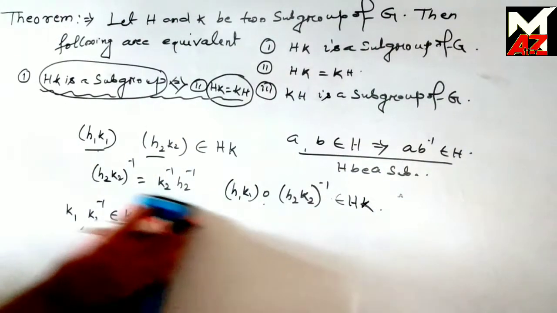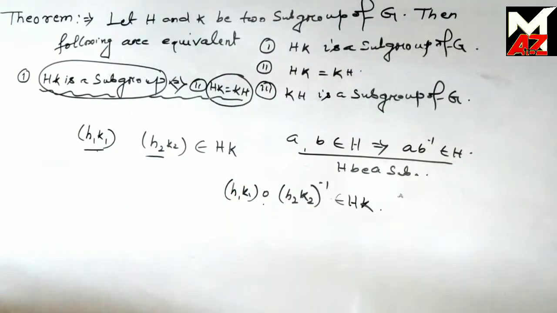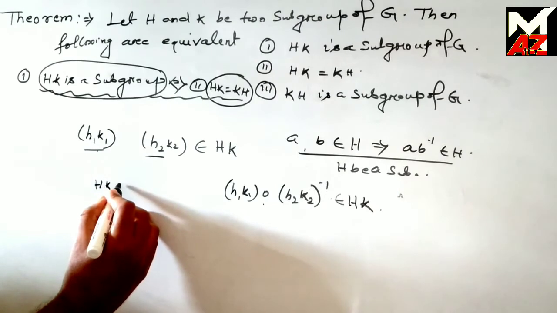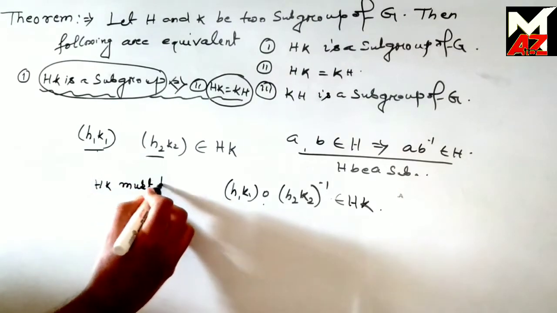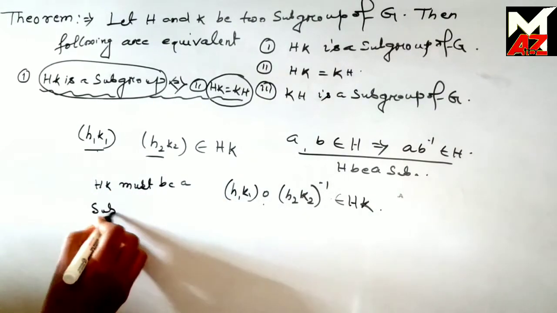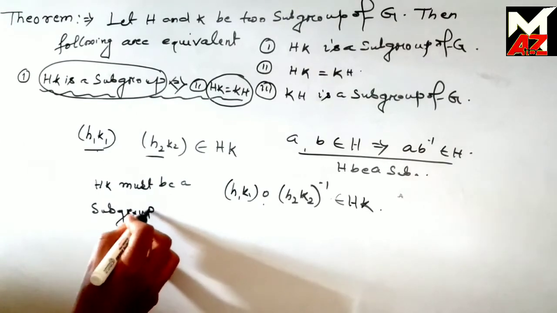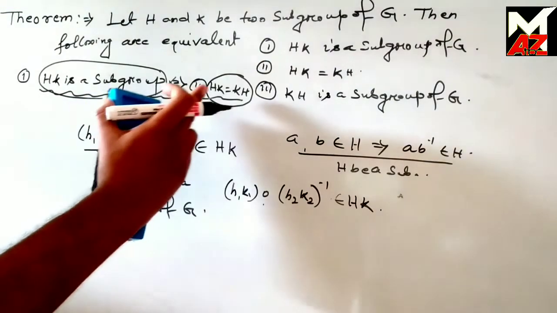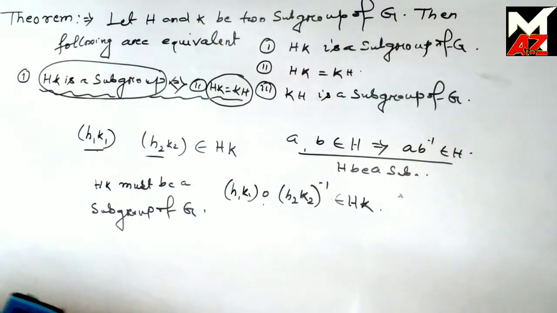So from this property, we say that HK must be a subgroup of G. Okay, now we have proved from 2 to 1.